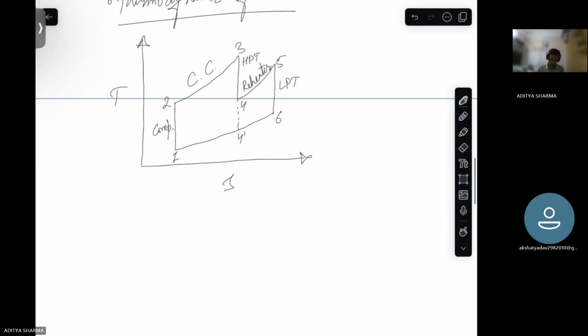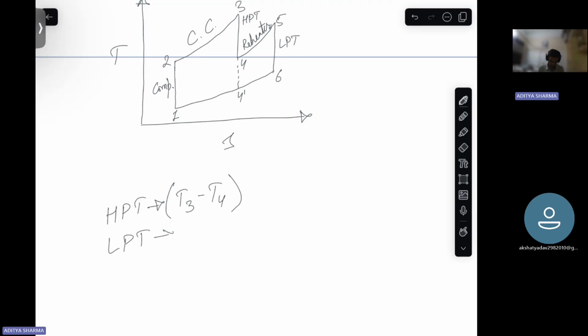And how is it happening? So if you see the expansion, T3 minus T4 is for your high pressure turbine, right? For low pressure turbine, expansion is from, or you can write it H5 minus H6. This is low pressure turbine.